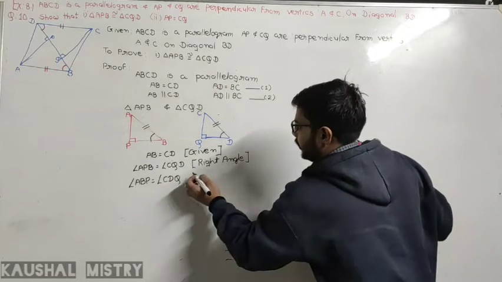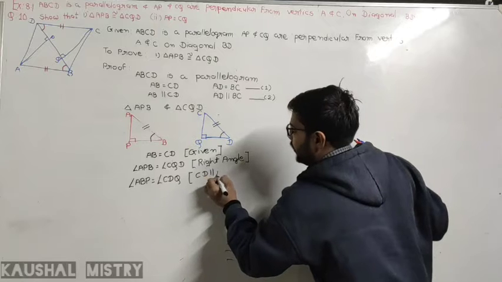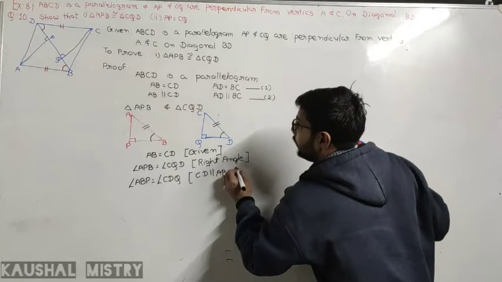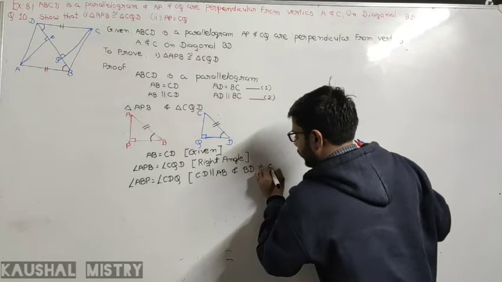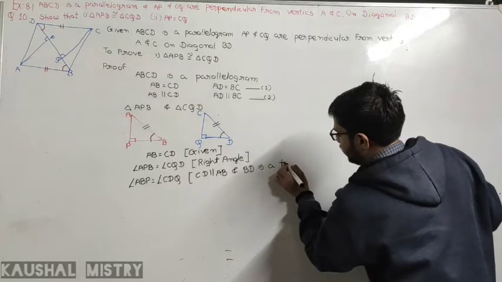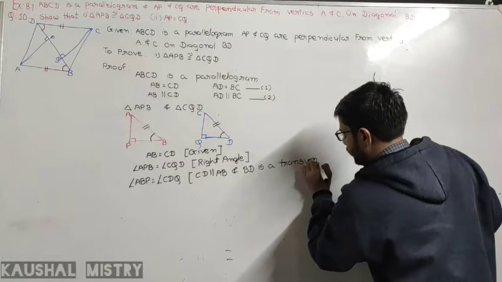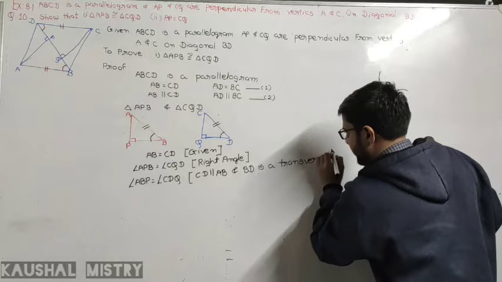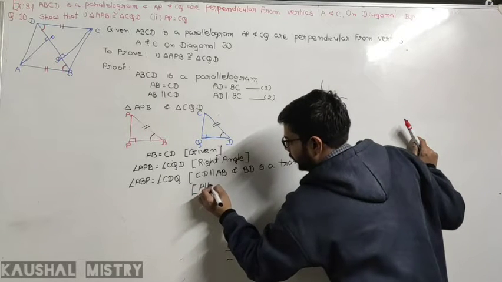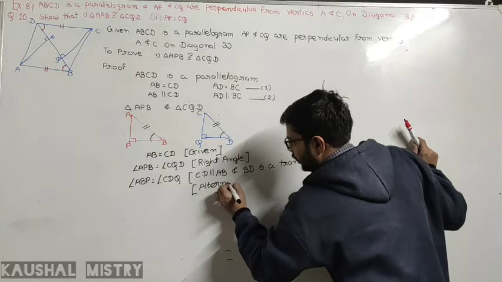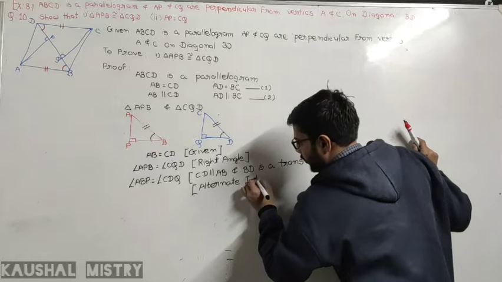And the reason is what? That CD is parallel to AB and BD is a transversal. That means these two are alternate interior angles.